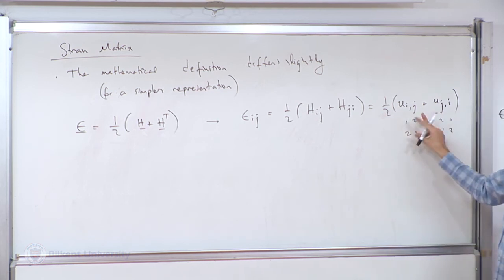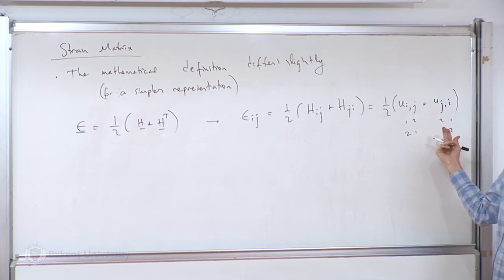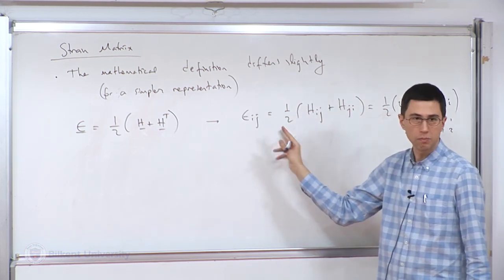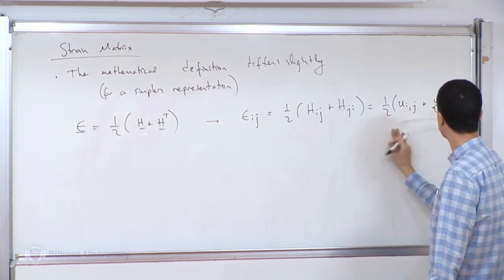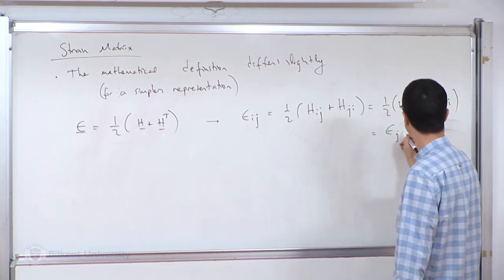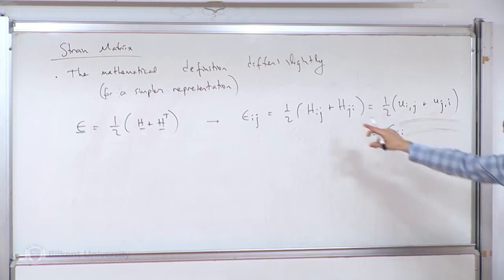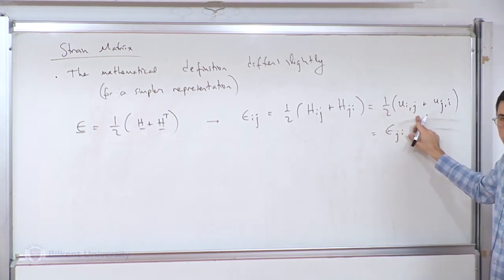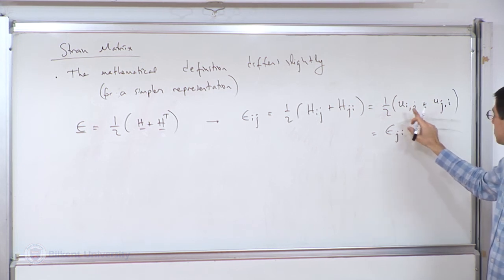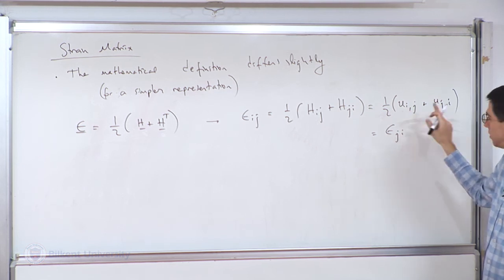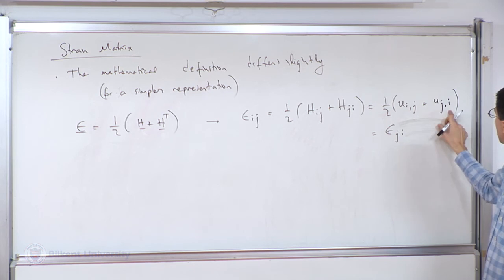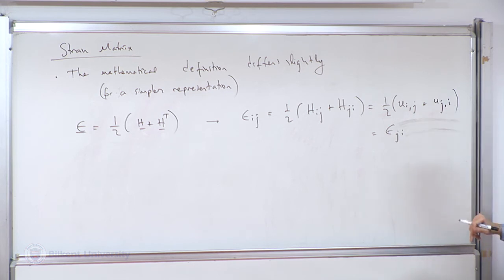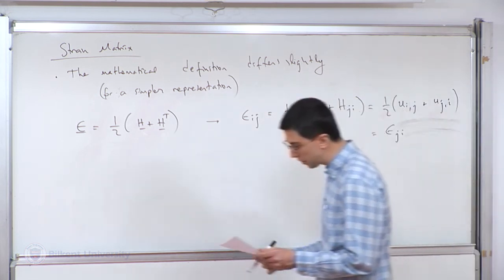So in other words, when I switch the indices, the value of epsilon is not changing, which means epsilon is a symmetric matrix. Okay? So this is equal to epsilon ji. H is not symmetric. Whether you take the derivative of 1 with respect to 2 matters. So it's not equal to 2 with respect to 1. But because I have both ui comma j and uj comma i, epsilon is a symmetric matrix.